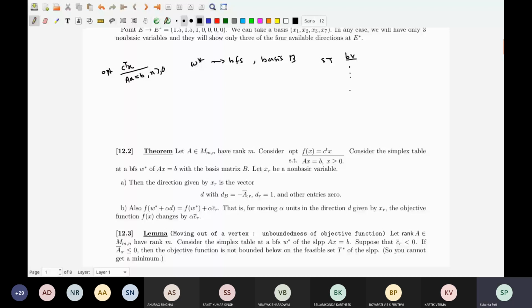Here the matrix will be B inverse times A, and here the constant column will be B inverse times B. Here you will have C bar transpose, which is C transpose minus CB transpose B inverse A, and this is minus F of W star, whatever it is. Okay. So now suppose that XR is a non-basic variable.